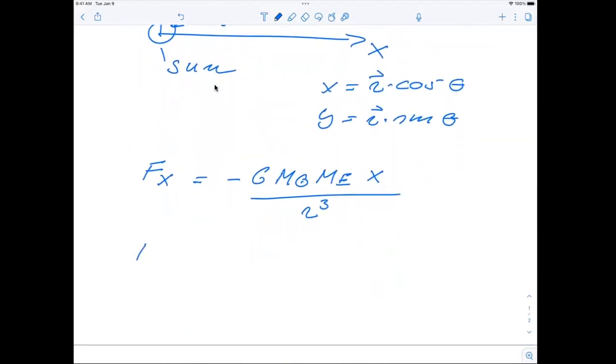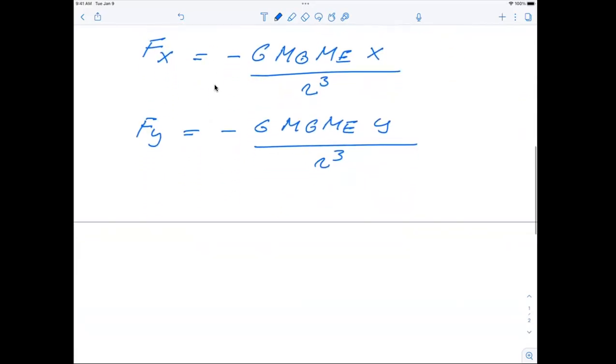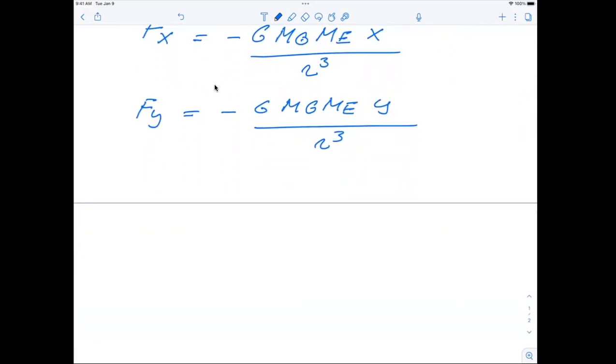And then we would have f of y, which is equal to minus G times the mass of the Sun times the mass of the Earth multiplied with y divided by r cubed again. Now, what we would do next is simply to find the acceleration, the acceleration of the Earth when we keep the Sun at rest.